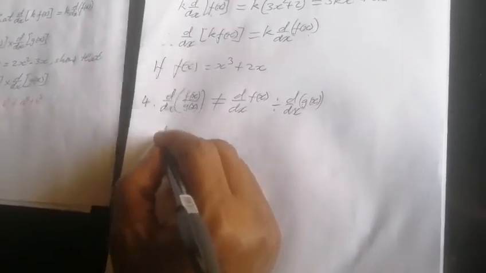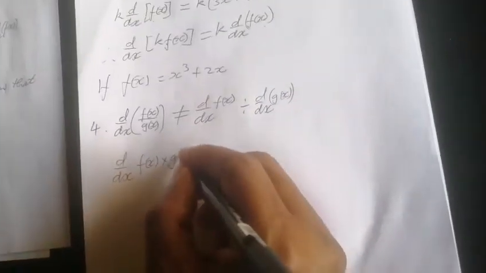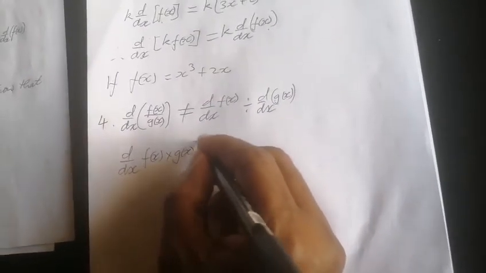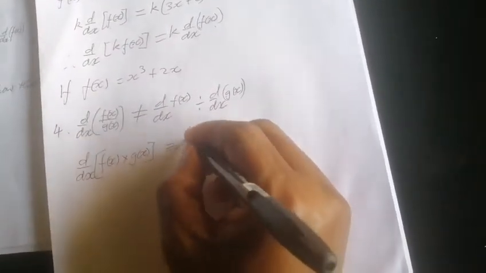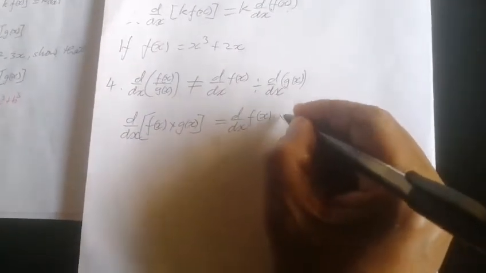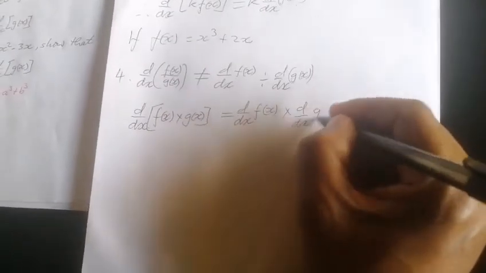This is never true. And accompanying to that is d dx of f of x multiplied by g of x is never equal to d dx of f of x multiplied by d dx of g of x.